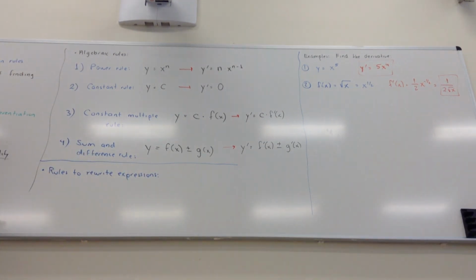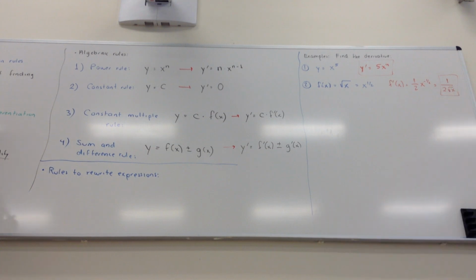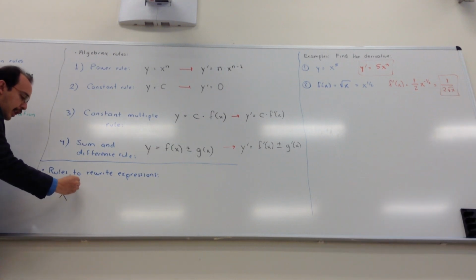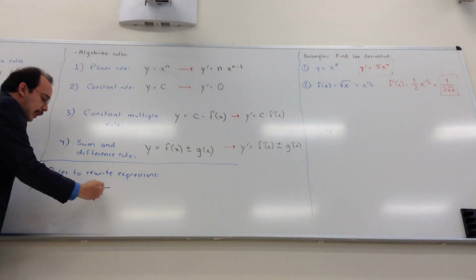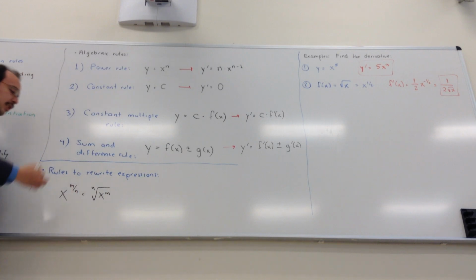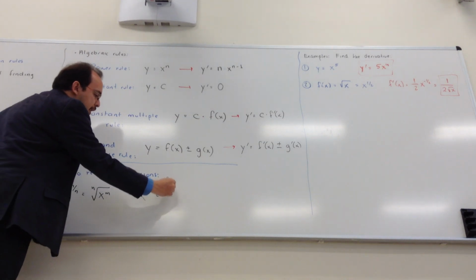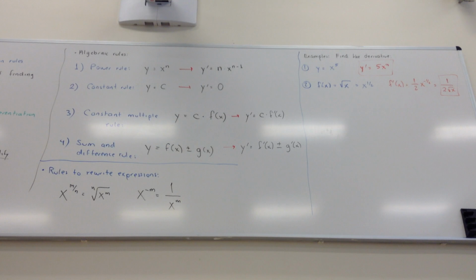Okay. Just so you remember the rules to rewrite expressions, like they use there. If you have x to a fractional power m over n, the n becomes the index, and the m becomes the exponent, and vice versa. And the other one is when you have a negative power, it becomes 1 over x to the positive power, and vice versa.